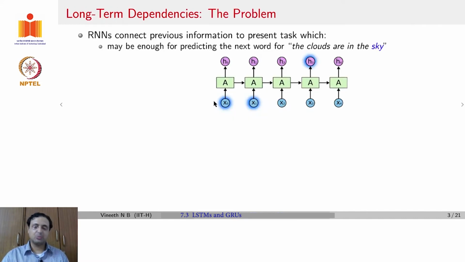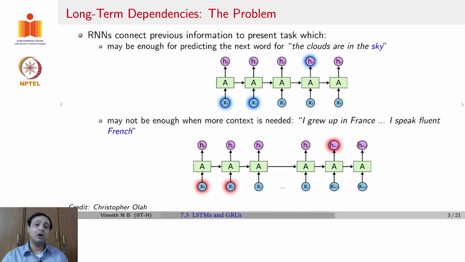Let's revisit this problem of long-term dependencies. If you were dealing with a sequence learning problem which wants to predict a sentence, like "the clouds are in the sky", or classify the sentiment or the category of the sentence, an RNN may be good enough, because the word "sky" may only depend on the word "clouds", which is just 2 words before, if you remove all the basic words in the phrase.